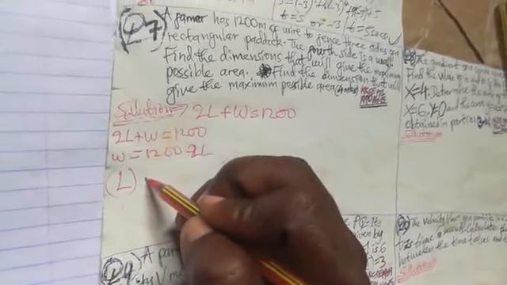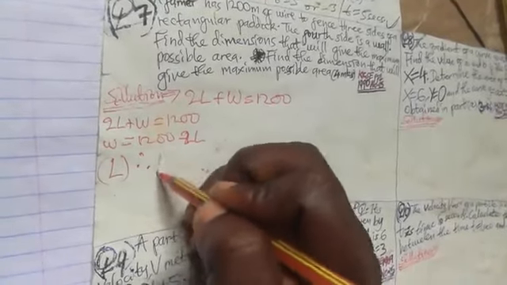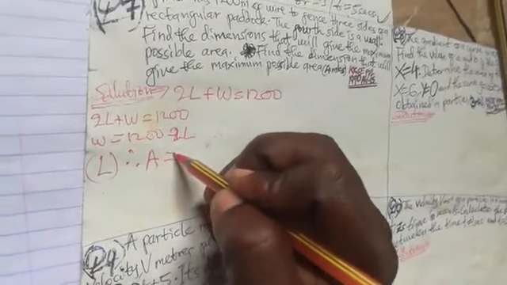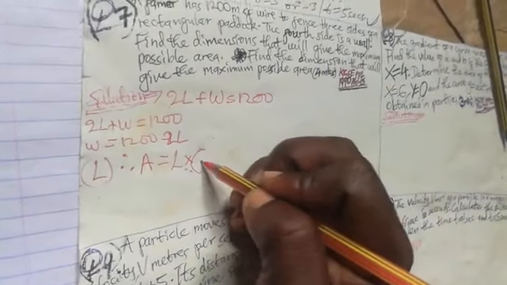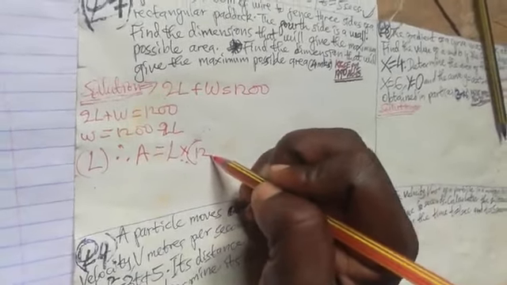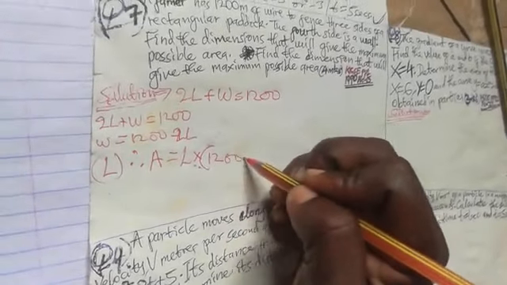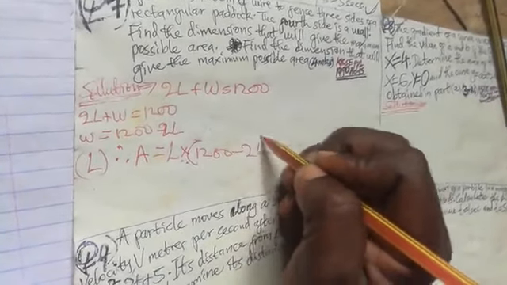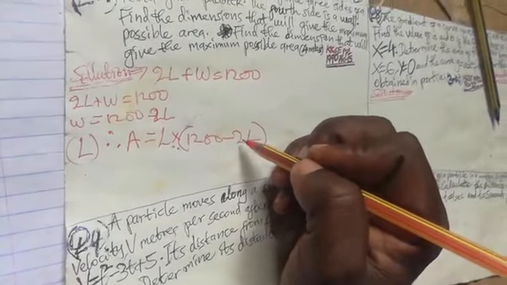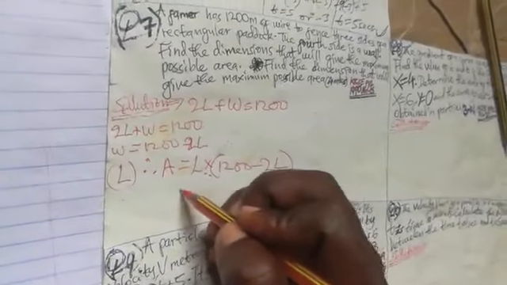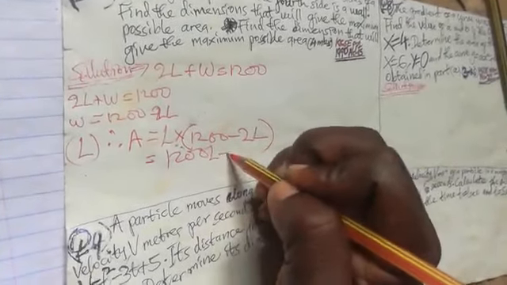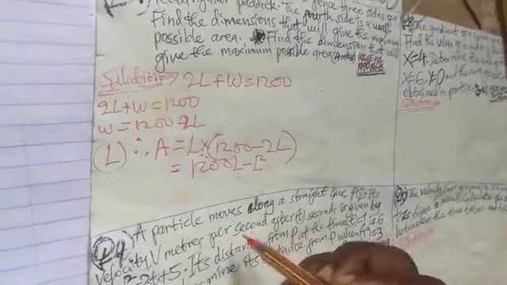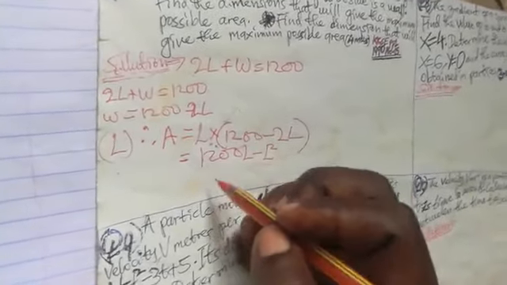Area is the same as length times width, which is 1,200 minus 2L, which will give us 1200L minus 2L squared.